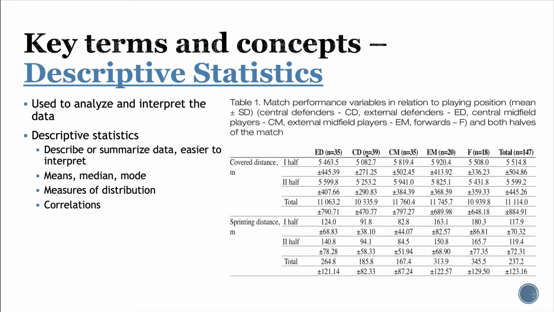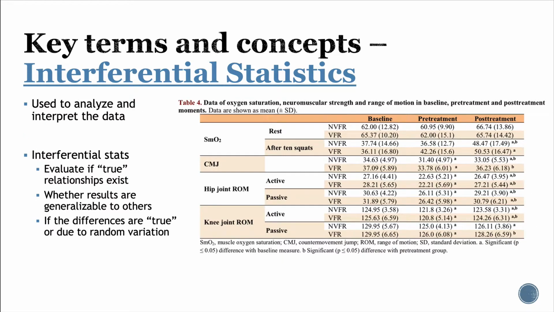Is that difference real, or is it just because of random variability? Maybe I got a bunch of people that really like to run in the external midfielder group. But again, we don't know. Are those differences between those groups real? Inferential statistics allow us to test to see if those differences are true differences. Are they likely to be just due to random variability, or are they unlikely due to random variability?